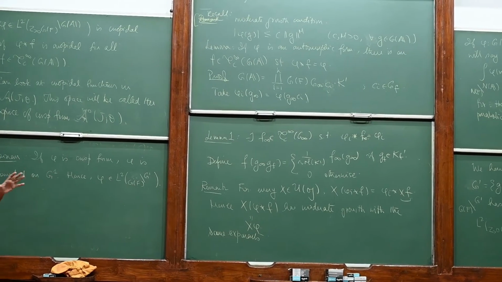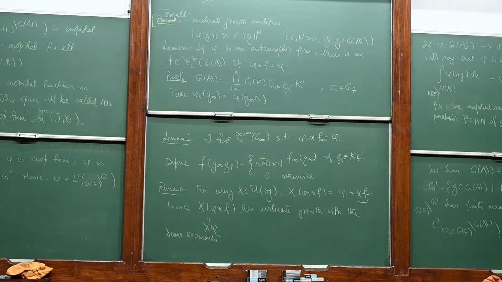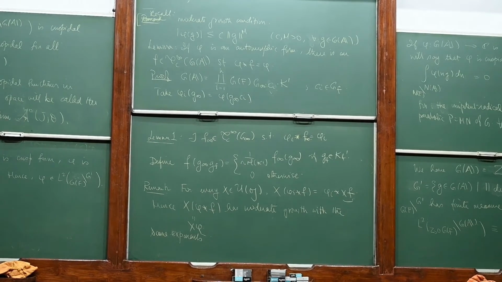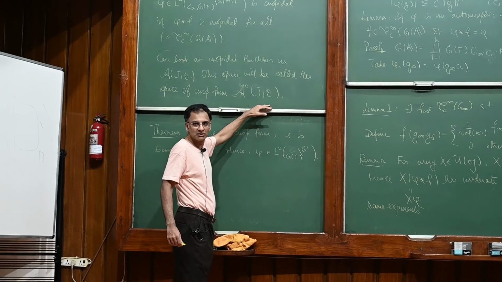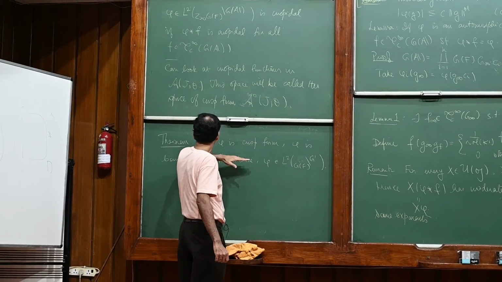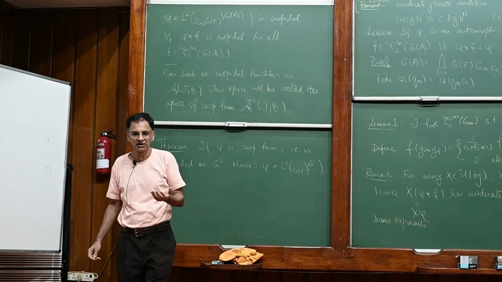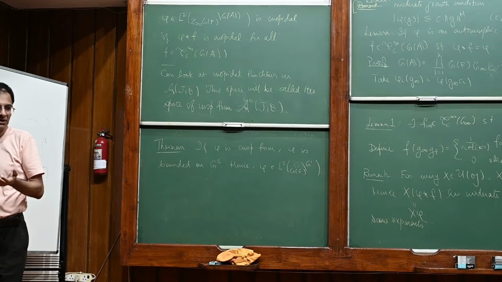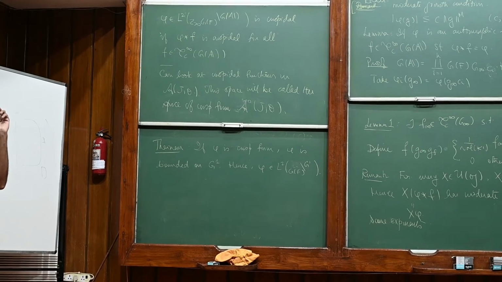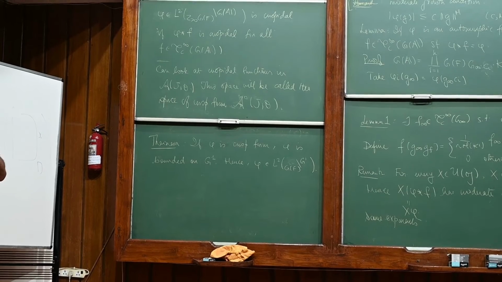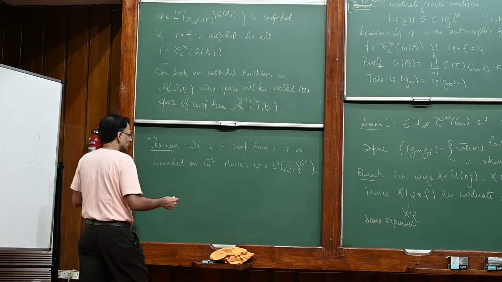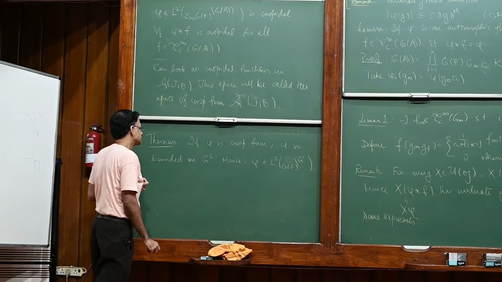So now remember we have a strategy for proving that A naught J theta is finite dimensional in place, because we just have to prove that phi is bounded, so that A naught J theta will consist of bounded functions. Of course, I still have to prove that A naught J theta is a closed subspace of L2, and once I have that, then Goldman's lemma takes over. Okay, so that's what I need to prove.